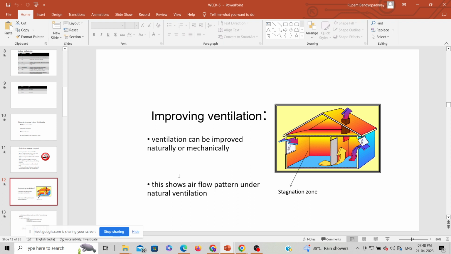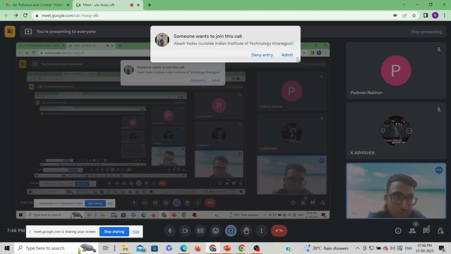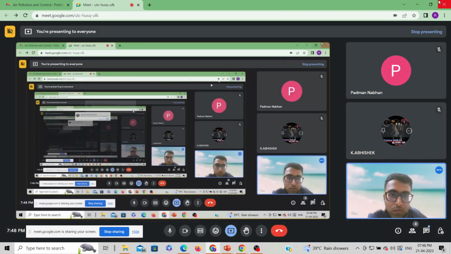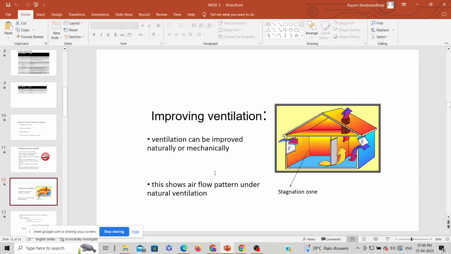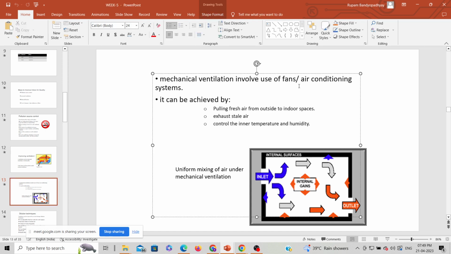Ventilation can be improved naturally or mechanically. Mechanical ventilation involves the use of fans, air conditioning systems, etc.